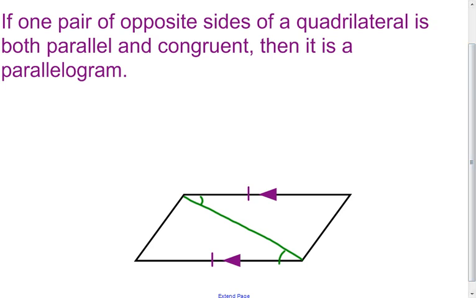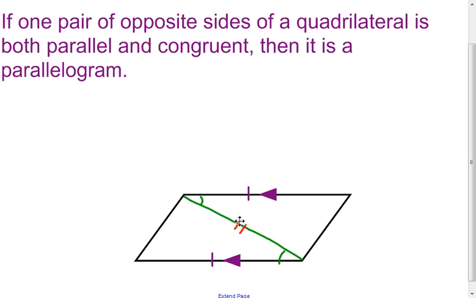Then I'm going to continue on and look at the green diagonal I put in. That'd be congruent to itself. And now when I look at this, I have single tick, single arc, double tick on the top triangle, and single tick, single arc, double tick on the bottom triangle. The top and the bottom triangles are congruent.